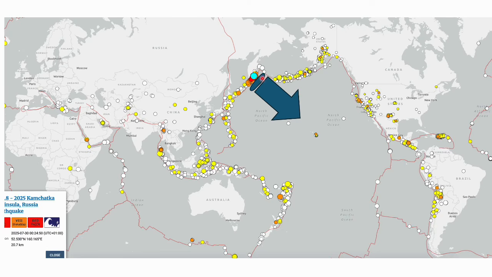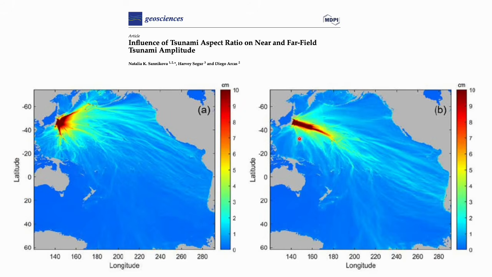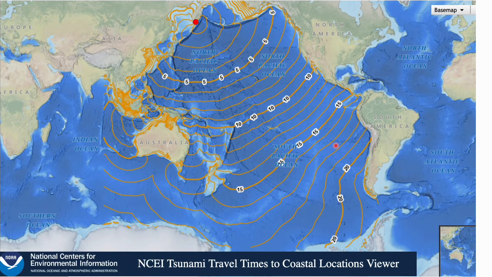So it depends on the source position and directivity. It depends on the bathymetry at the source as well, which defines how this wave is going to propagate outwards and how its amplitude is going to be maintained. And it also depends on the bathymetry of the coastline.